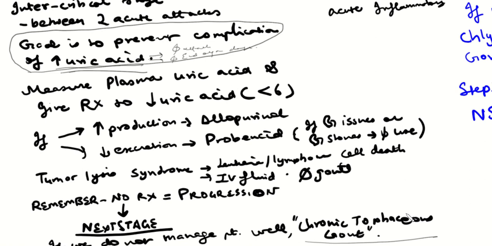Okay? So once they've got the attack, we follow up with them. How do we prevent this progression from acute gouty arthritis to chronic tophaceous gout? We say, you know what, we are going to keep your uric acid down.